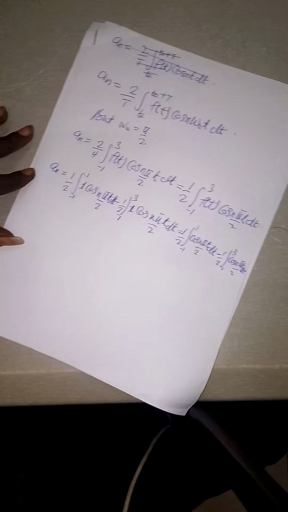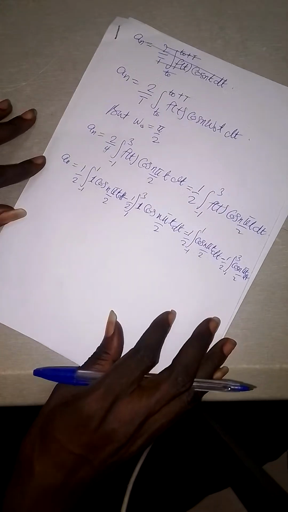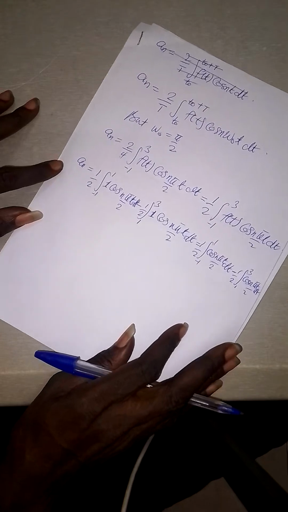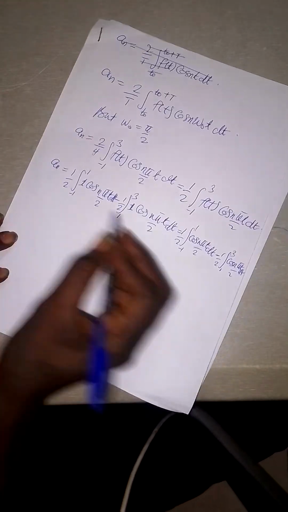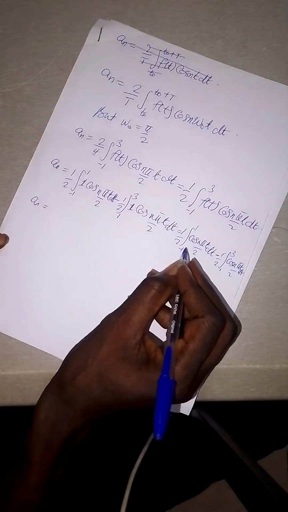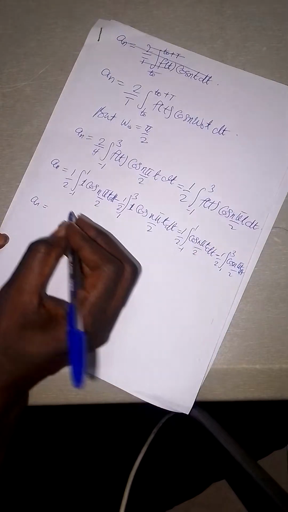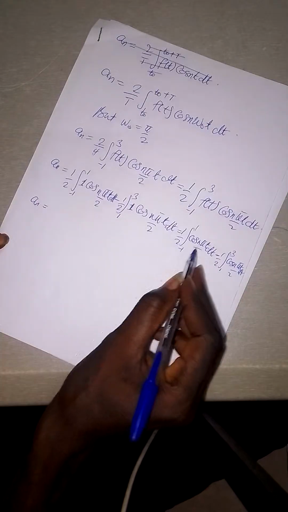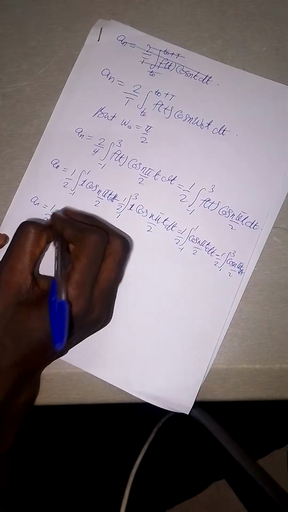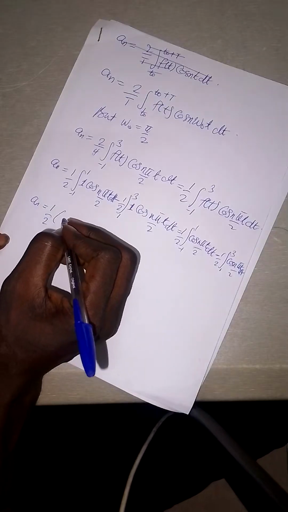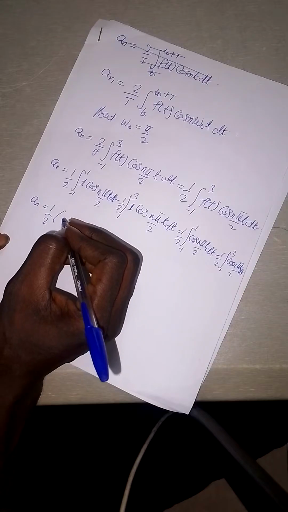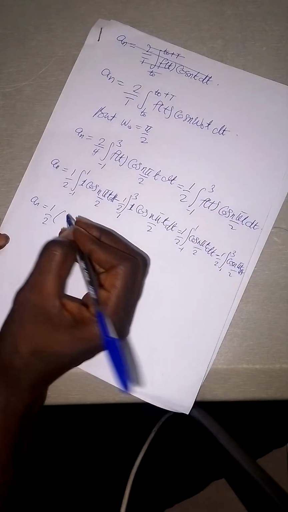Now what I have to do is integrate my functions. Integrating, I will have an equal to 1 over 2 here, and whenever you integrate cos, you're going to have sine.